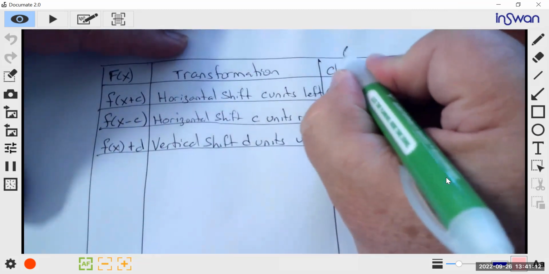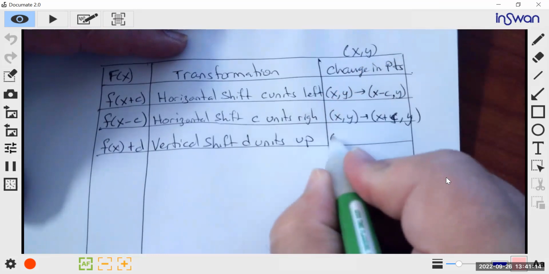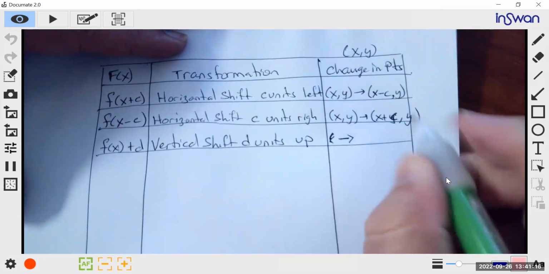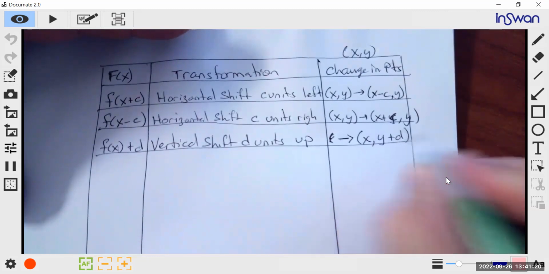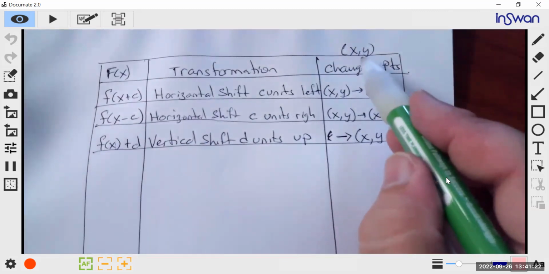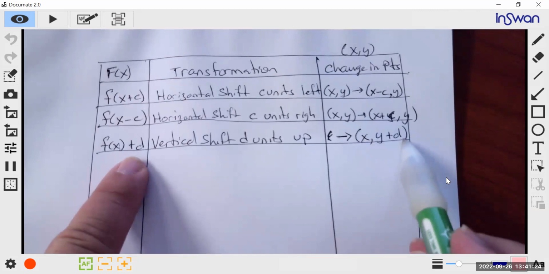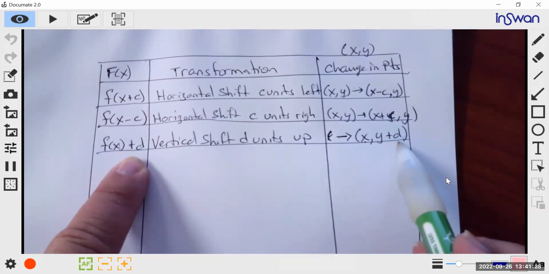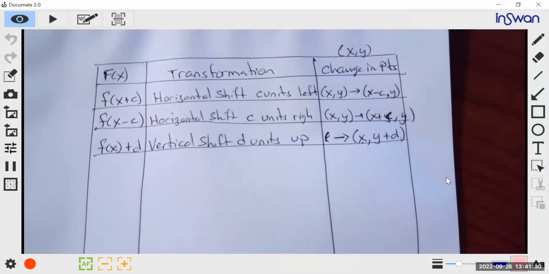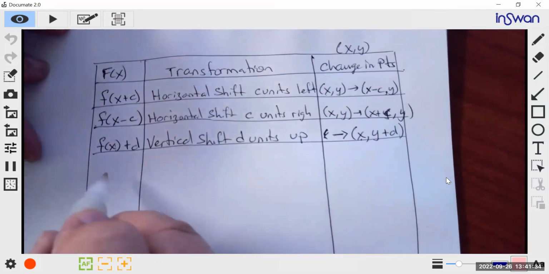So every one of these will start from the point x, y. And then they go to y plus d, the new point. If it starts off at x, y, the new point after I do a vertical shift, the x's stay the same. The y now changes by adding d to it.